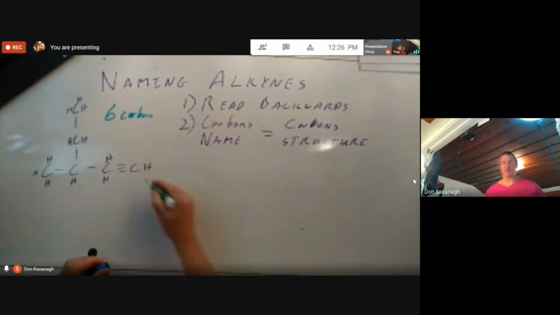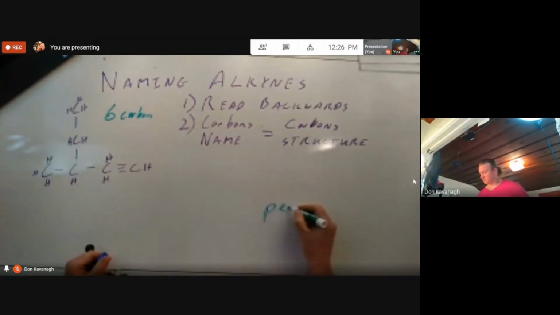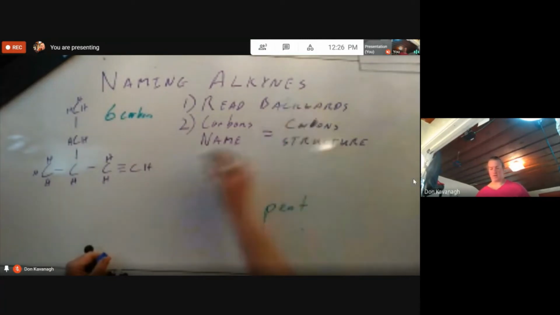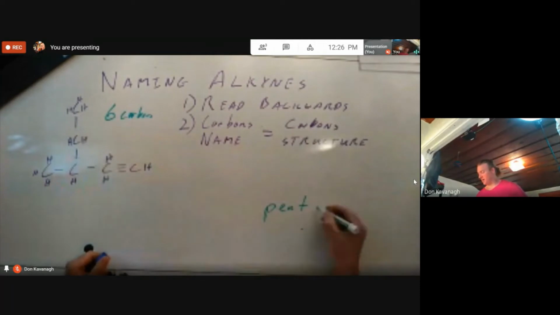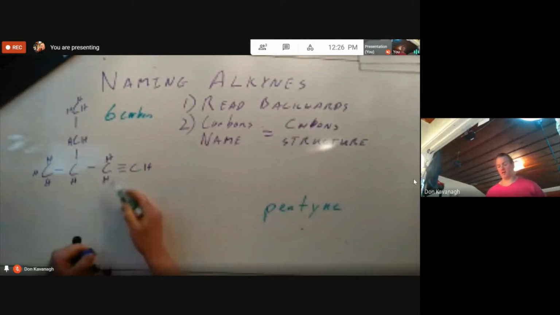So this is 5 carbons, is pent. And because we're talking about a triple bond that is in the carbon chain, it's pentyne. It's understood. Now, we purposely are calling this 1 to keep the counting simple.